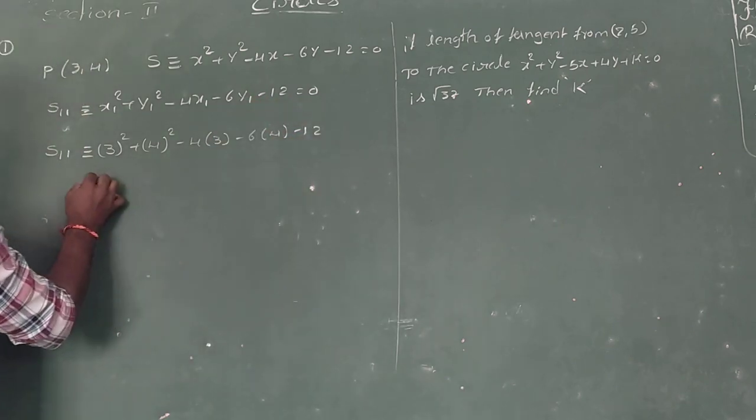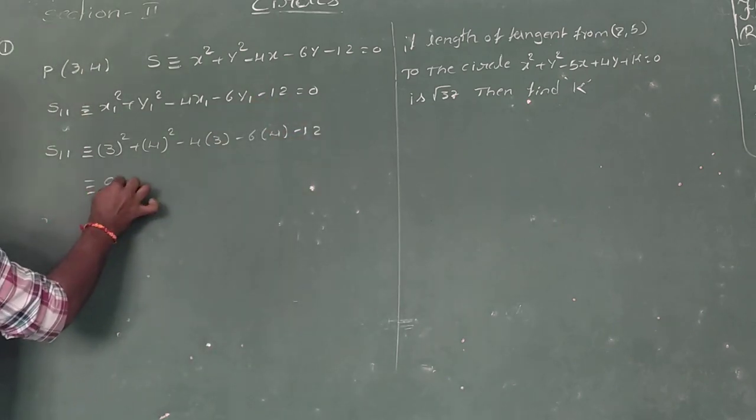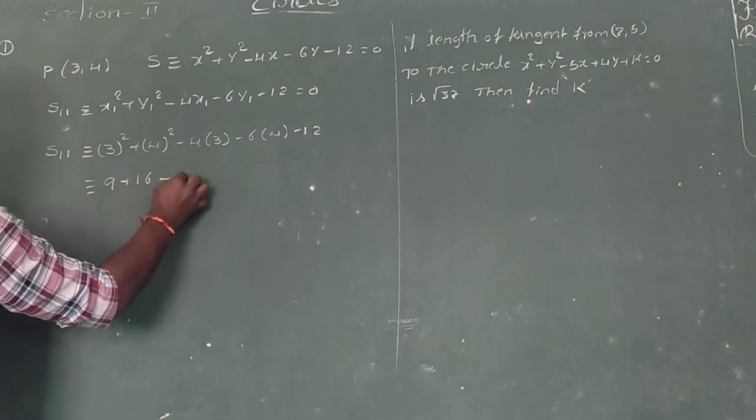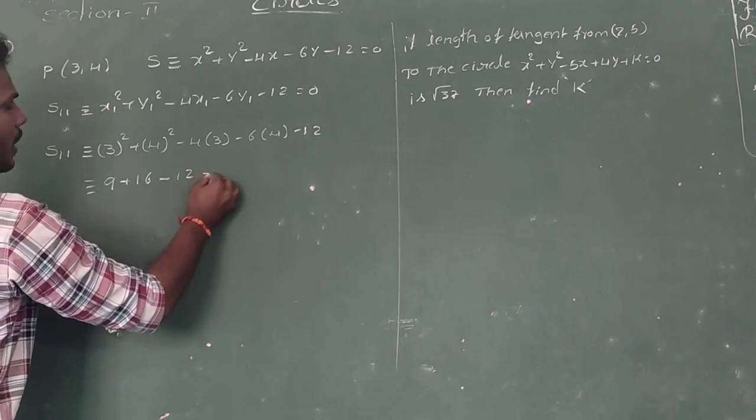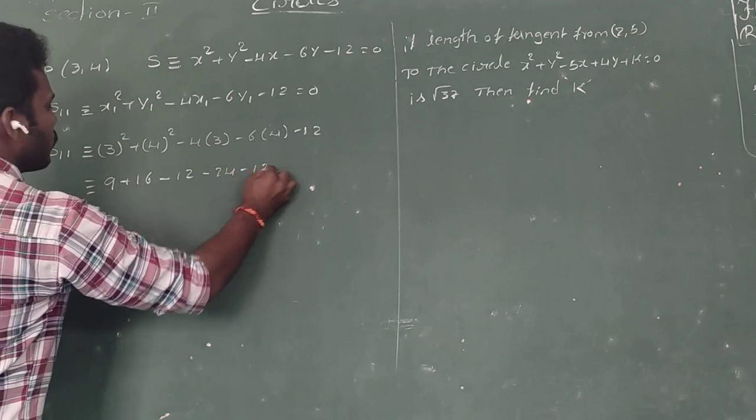So that is 9 plus 16 minus 12 minus 24 minus 12.